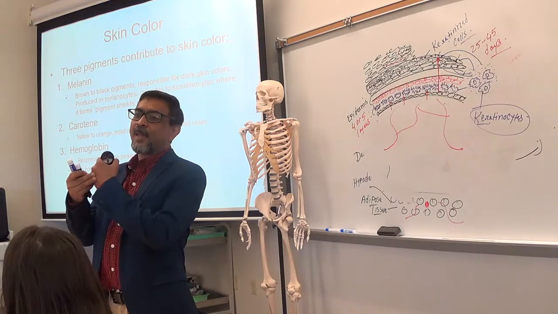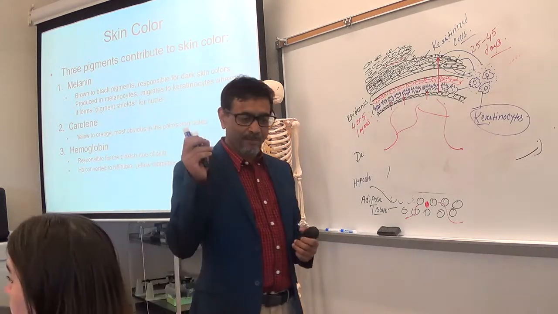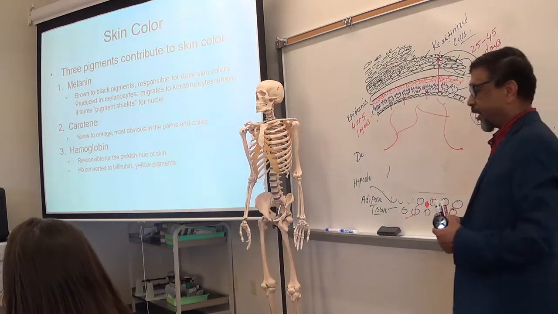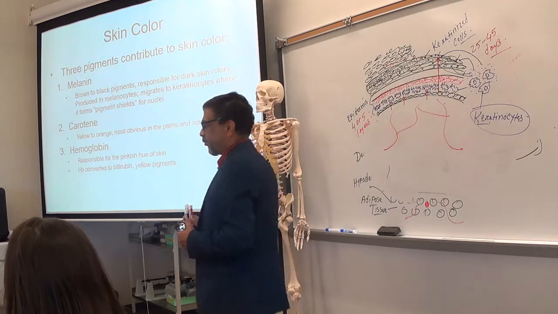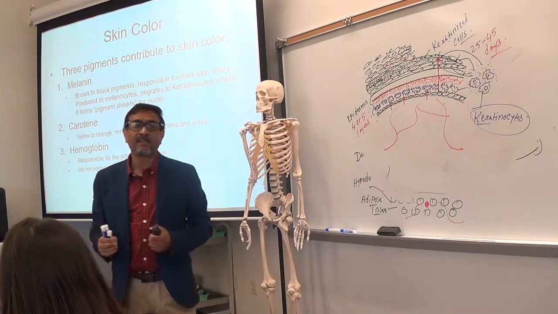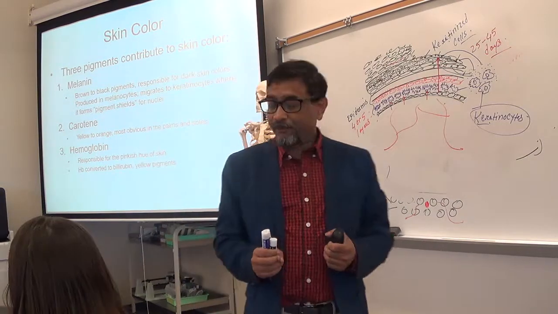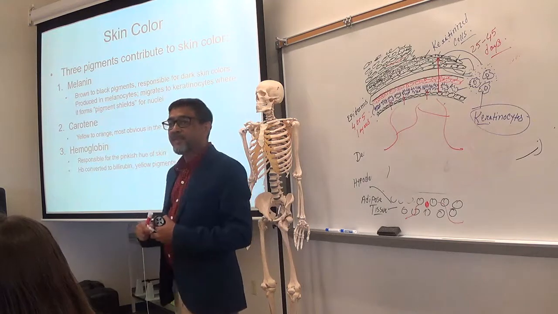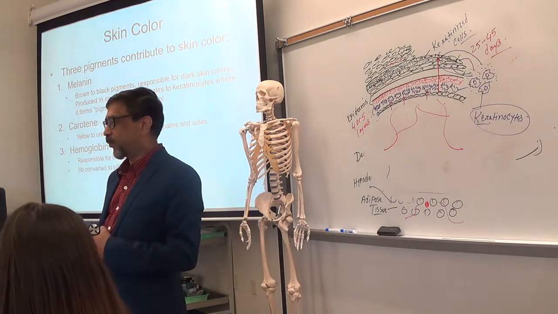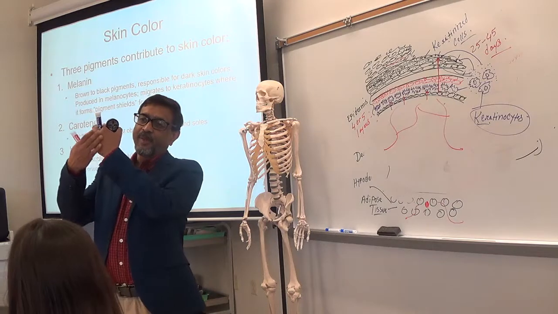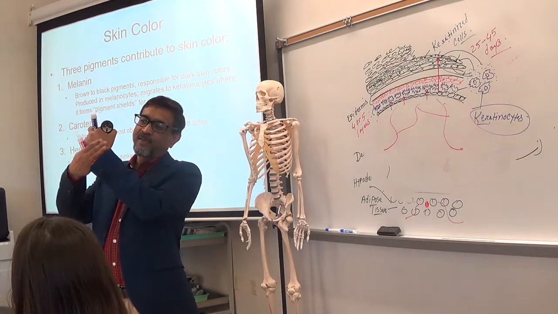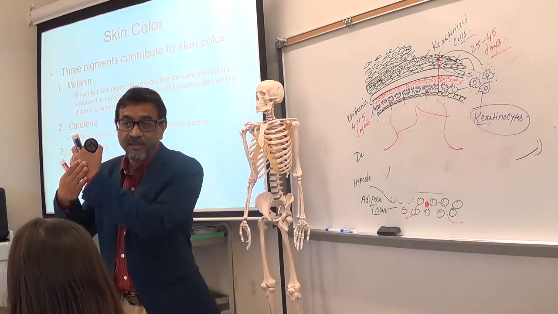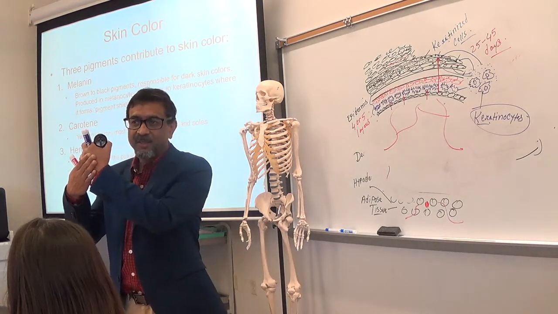Okay, now melanin is the main pigment that gives the color of the skin. Dark skin has more melanin than light skin. That is number one. Melanin has an important function in your body. That pigment makes a layer in the skin called the melanin shield against what?